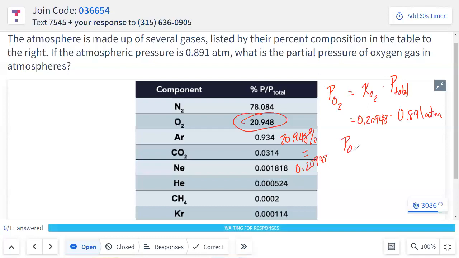And so that means that the partial pressure of oxygen, 0.20948 times 0.891 to three significant figures would be 0.187 atmospheres.